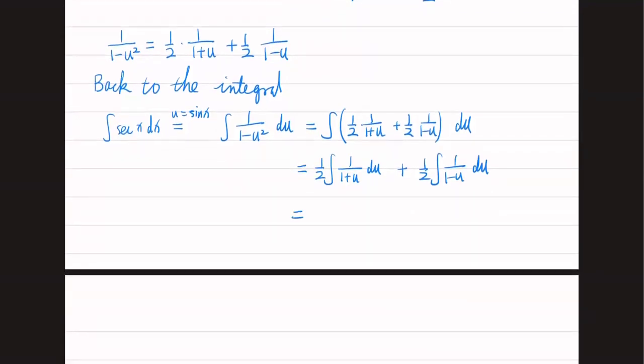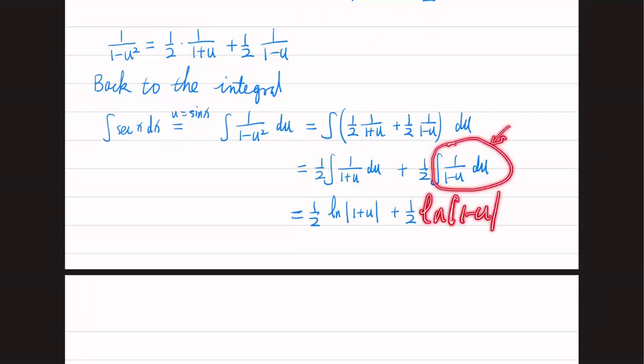Okay, so the first one is easy. What's this integral, Sakina? Oh, nice. Again, absolute value. Yes, so I have 1/2 ln of the absolute value of 1 plus u. Easy, but the second one is tricky. Okay, Sophia, let's think about it. How do we integrate this one? Is it just ln of 1 minus u?